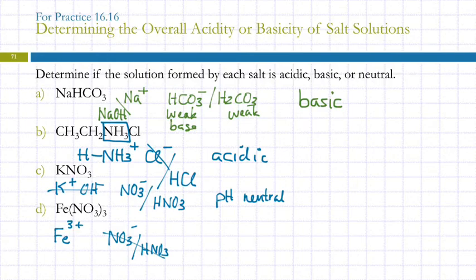So think of it this way. So you've got ammonia and ammonium. This is the base. This is its conjugate acid.